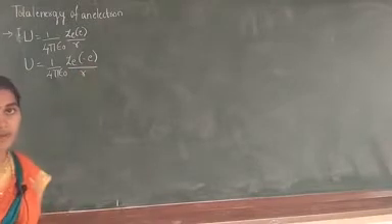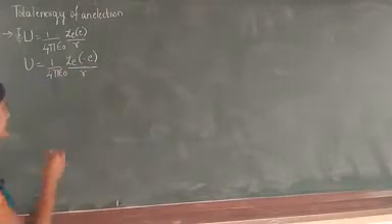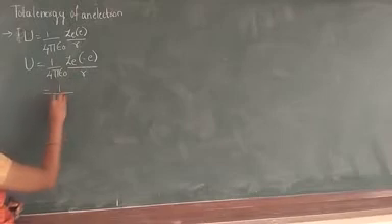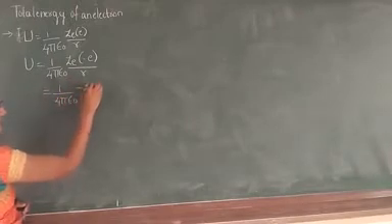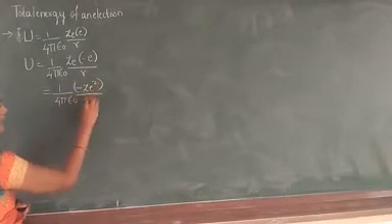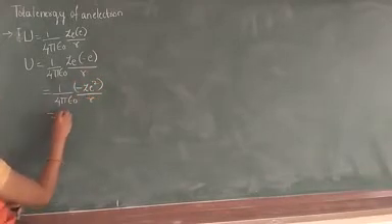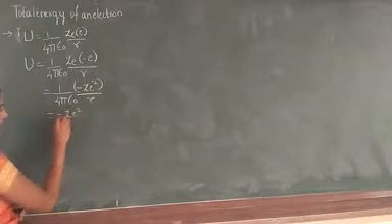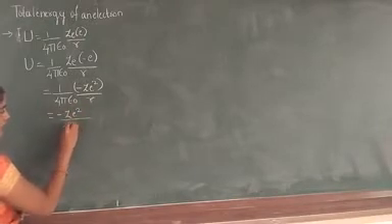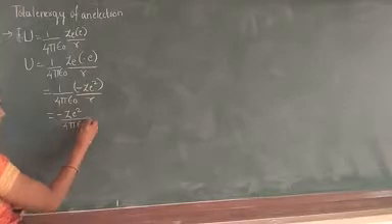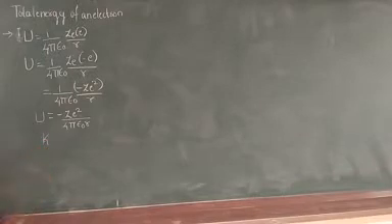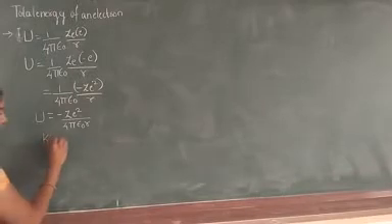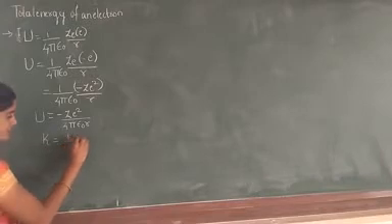Therefore, the value of the potential energy we get is minus Ze square divided by 4 pi epsilon naught r. Now here we know that the kinetic energy is 1 by 2 mv square.